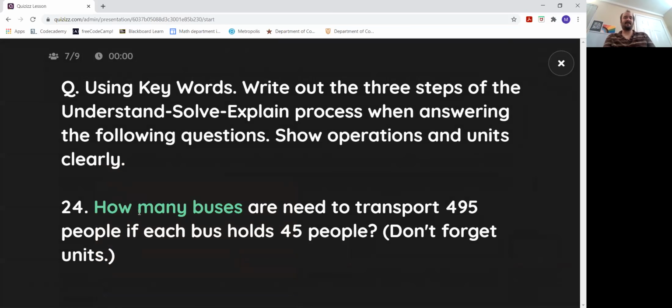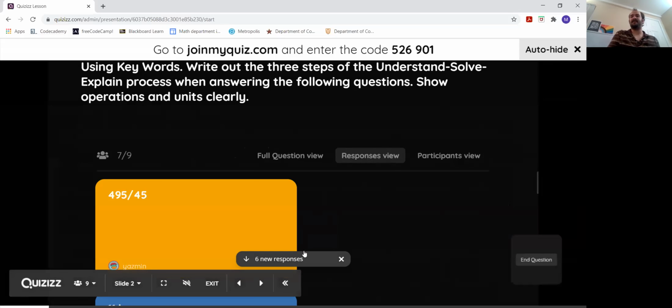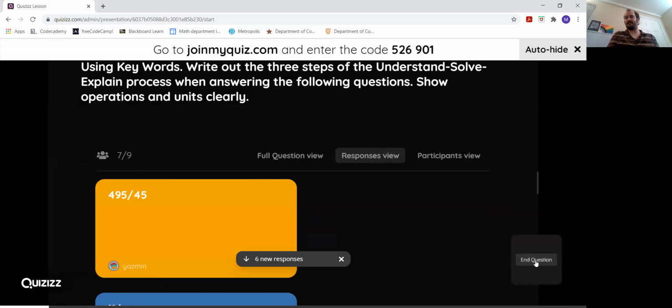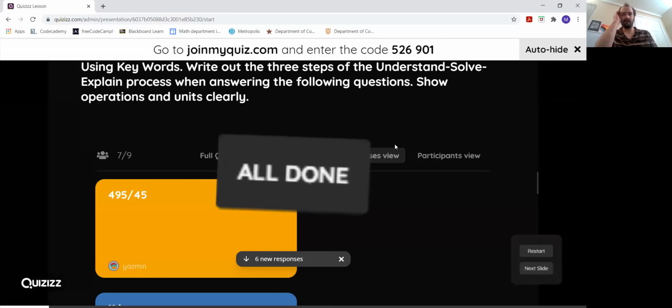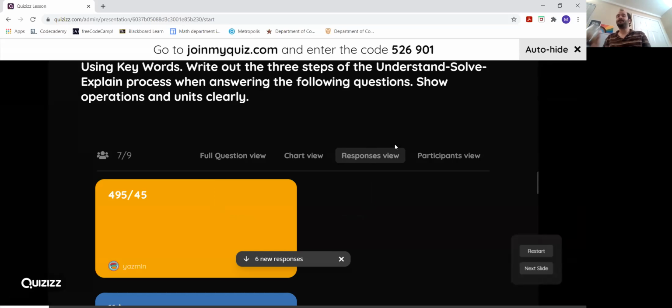So the quick thing is we are dividing people up, right? We have 495 people. We are dividing them into buses that hold 45. So hopefully we get that this is a division problem.